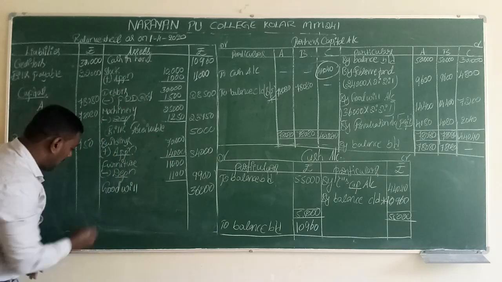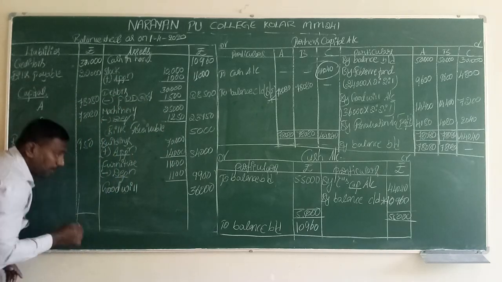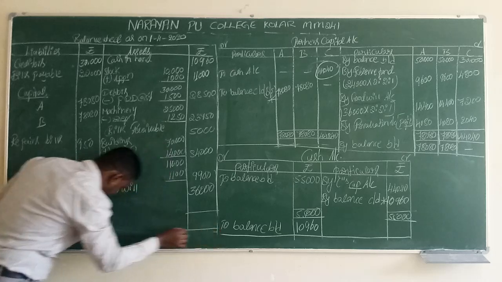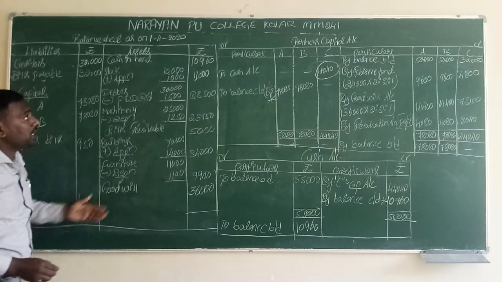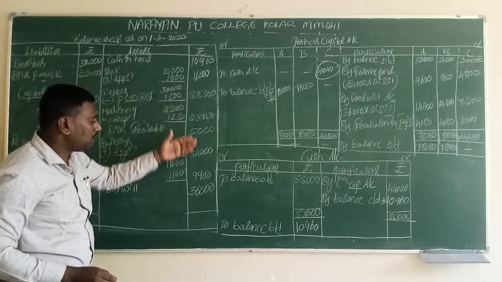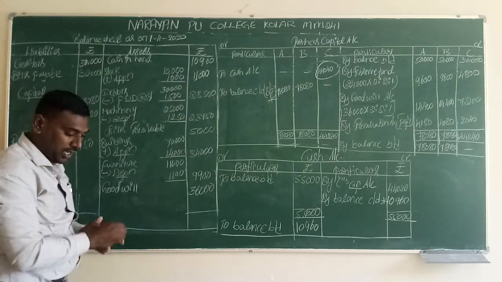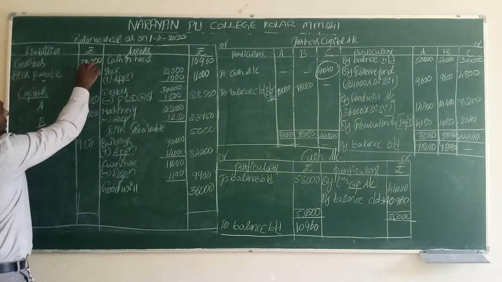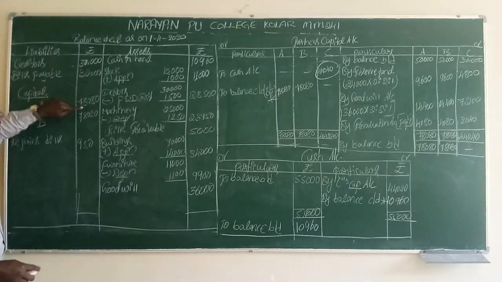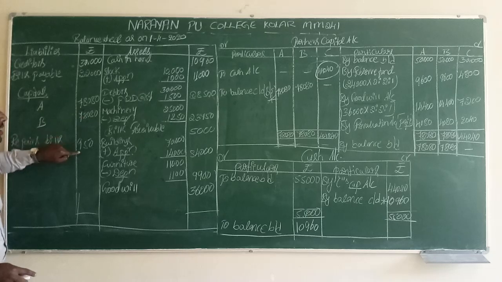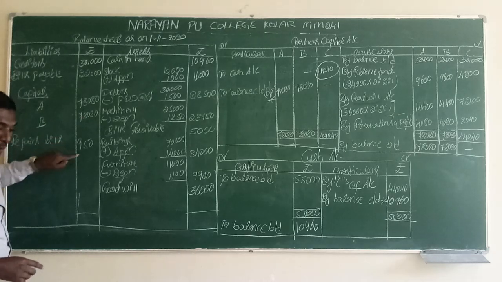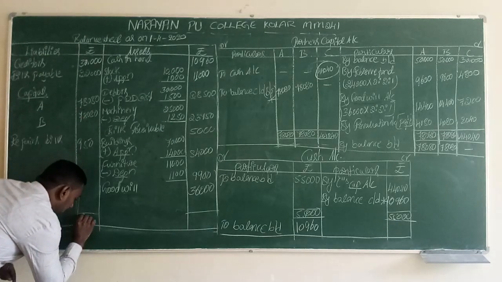It's time to close the balance sheet by closing the particular accounts. First we have to make the total of all the liabilities and later the total of all the assets. The total of liabilities is 30,000 plus 22,000 plus 78,080 plus 78,080 and 950. We get 2,09,110.